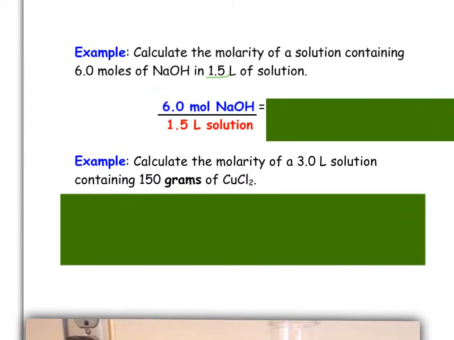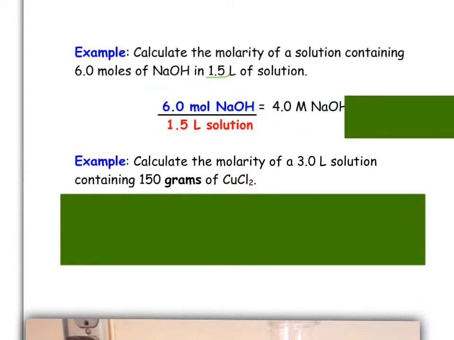So we take our 6 moles per 1.5 liters of solution, and we would find out that in that 1 liter of solution we would have about 4 moles of sodium hydroxide. Another way that you could write this would be 4.0 moles of NaOH per 1 liter.